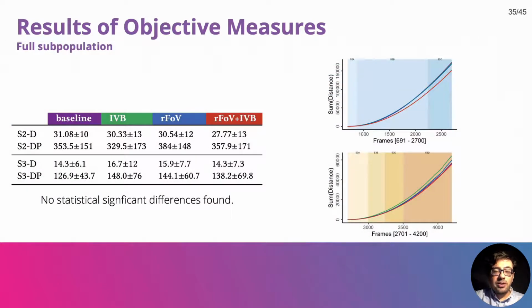While we cannot compare S2 and S3 statistically, since they have different time windows, we can compare conditions in each of the segments. For the full population, the distance and distance to point of interest are similar among conditions, and no statistical significance was found.